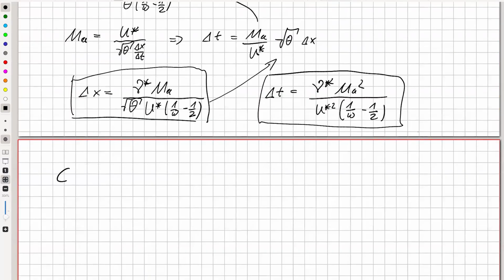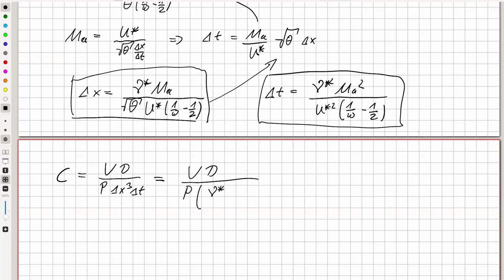So the computational cost, this capital C, was the volume times the duration, divided by the performance that we have, delta x cubed, delta t. Now we are replacing delta x and delta t to get volume times duration by performance. So we have to take delta x to the cube.